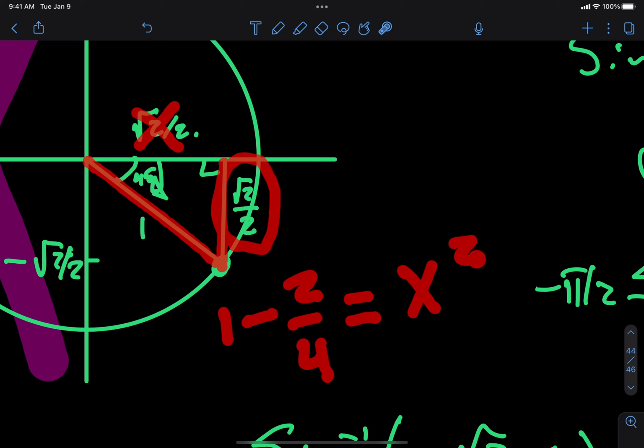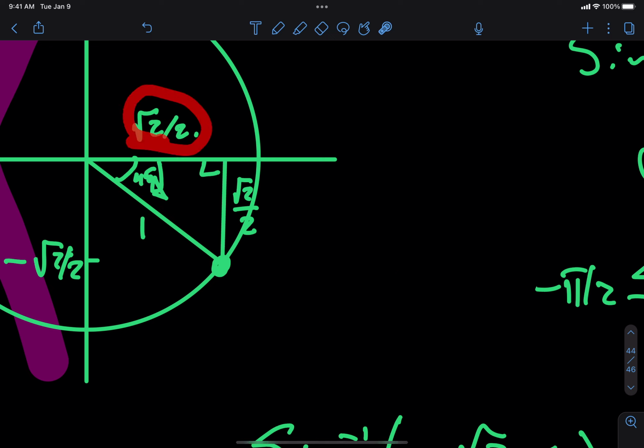Okay, Pythagorean theorem. So if you do 1 minus 1/2, that's a half. Take the square root, you get 1 over the square root of 2, which is again square root 2 over 2. Okay, so this 45, 45, 90 triangle is basically what we determined. But you don't even need that. You can just use the Pythagorean theorem, which will tell you what the length of the other side is.